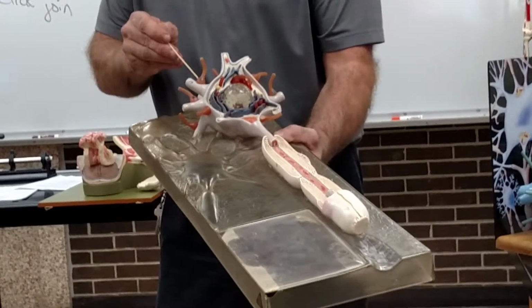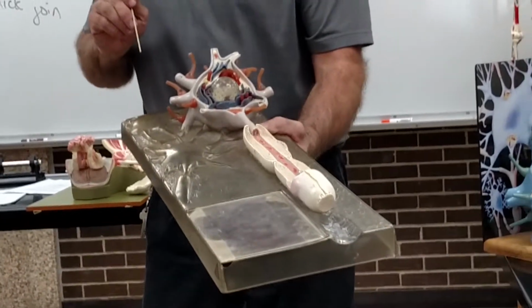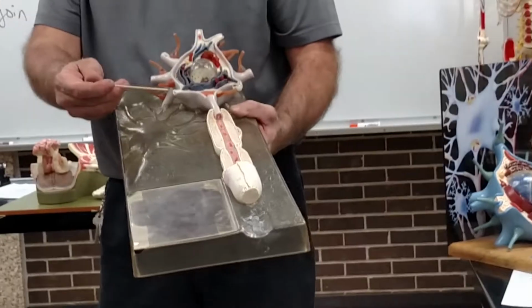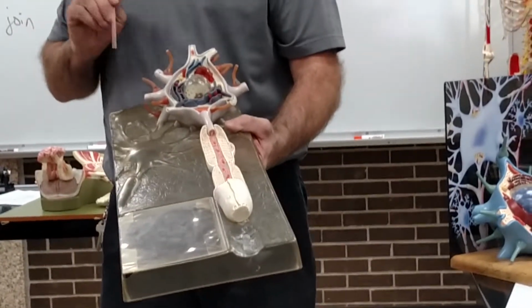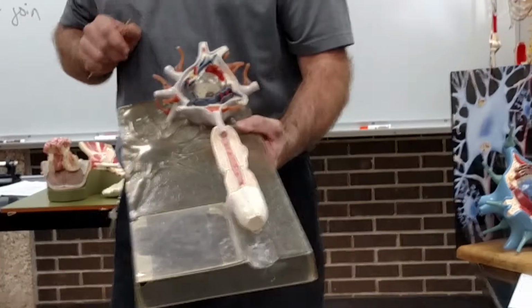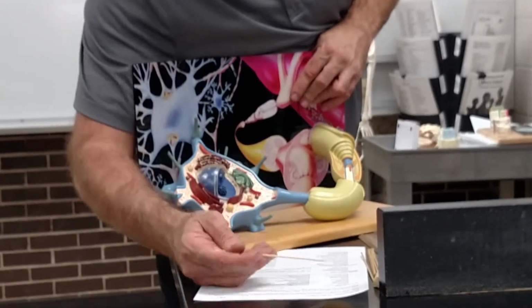Telodendria, axon terminal. Telodendria, axon terminal from another axon. Is it clear the difference between dendrites that belong to this soma and telodendria that belong to another neuron? Okay, good. I might be getting better at doing that. We'll see next week when I quiz you on this.